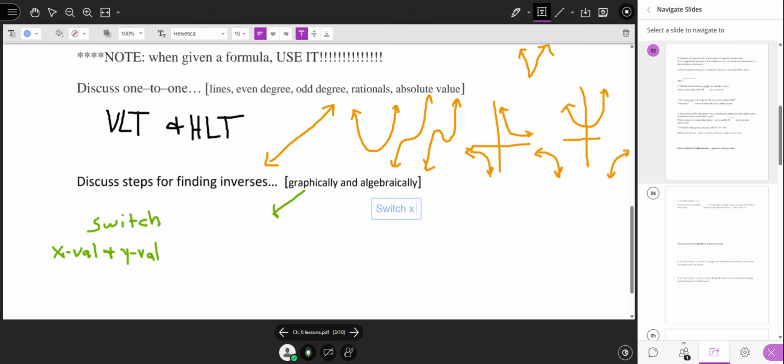Switch X and Y, then solve for Y, then decide, I can't spell today, if there needs to be a condition put on the new equation.